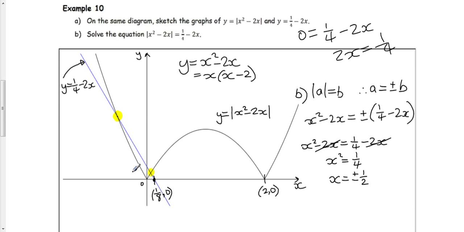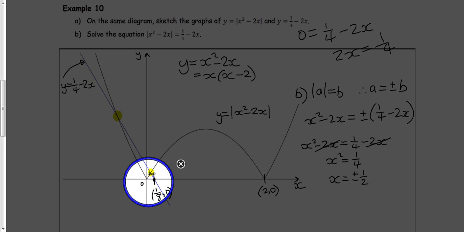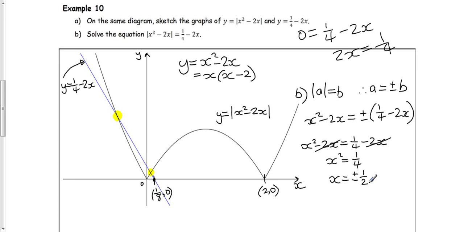This solution here, x is between 0 and an eighth, which means a half is definitely not possible. So I'm going to write down here, x equals a half is not applicable. Our graph tells us that x cannot equal a half. That would not be a solution to these two equations. And now I'm going to go back and solve the other possibility, and then see what possibilities that gives us.